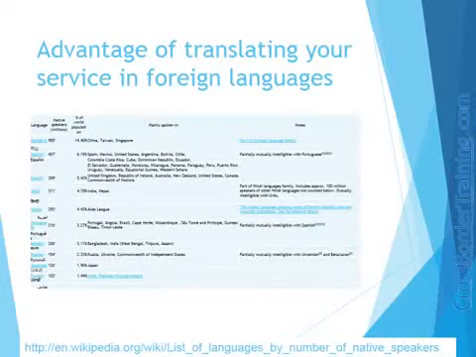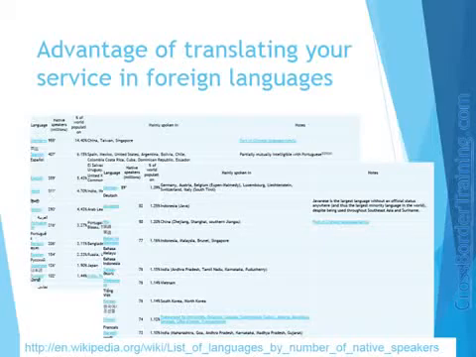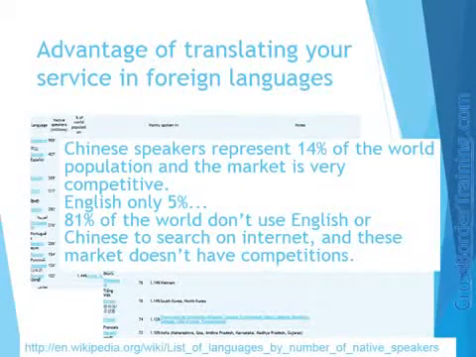Why do we have to translate everything in every language actually? Why don't we just stop in English? We could translate everything in English and that's all. We expect that everyone will read English and buy on the English platform. Actually, if we just talk about native English speakers, it represents only 5% of the world population. 5% is nothing.